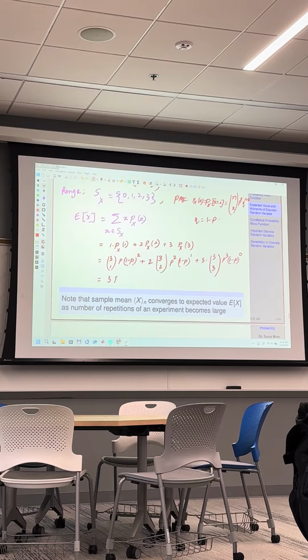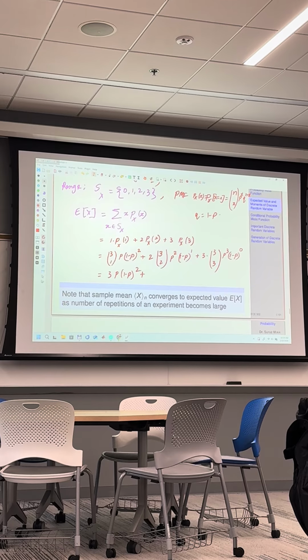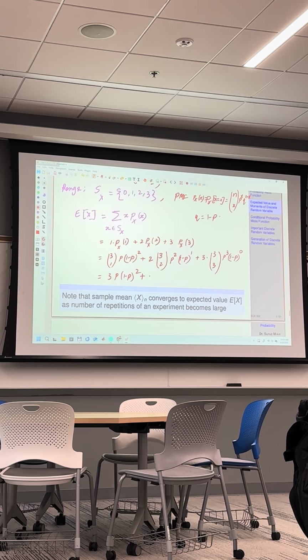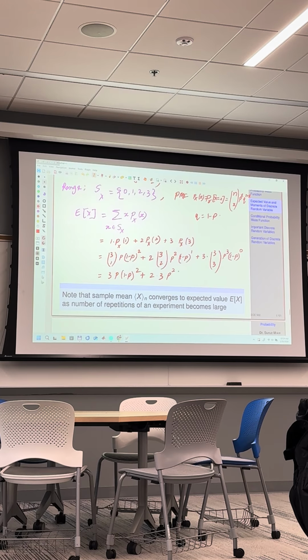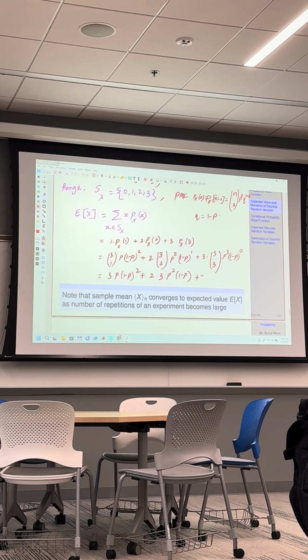So 3p times 1 minus p squared, plus 2 times combination 3 choose 2: factorial 3 over factorial 2 times factorial 1, so it is going to be 2 times 3, and then you have p squared and 1 minus p. Plus 3 times factorial 3 over factorial 3 times factorial 0, which is going to be 1, and 1 minus p to the 0 is 1. You are left with p cubed.